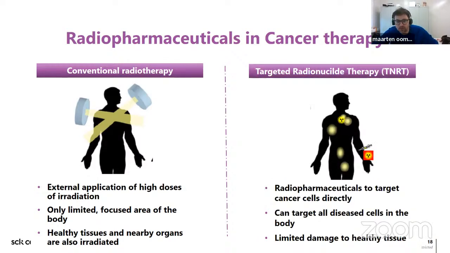As I mentioned before, because we use biological processes to target the cells, we can inject radiopharmaceuticals that really target cells and specifically accumulate in the cancer cells, basically irradiating the cancer from within.